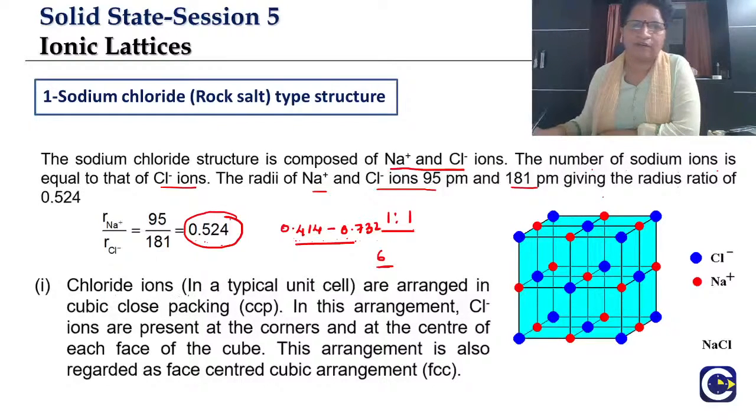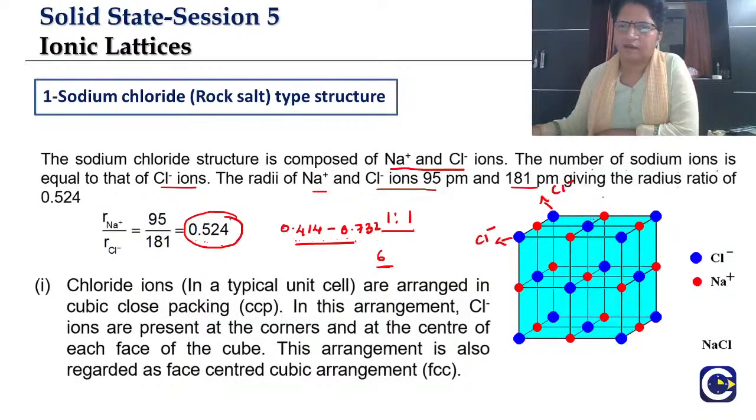Chloride ions are arranged in cubic closed packing. In this arrangement, chloride ions are present at the corners. What are the corners? These are the chloride ions. These are the corners, and the center. When visualizing, it will be a little confusing if you take the complete structure.